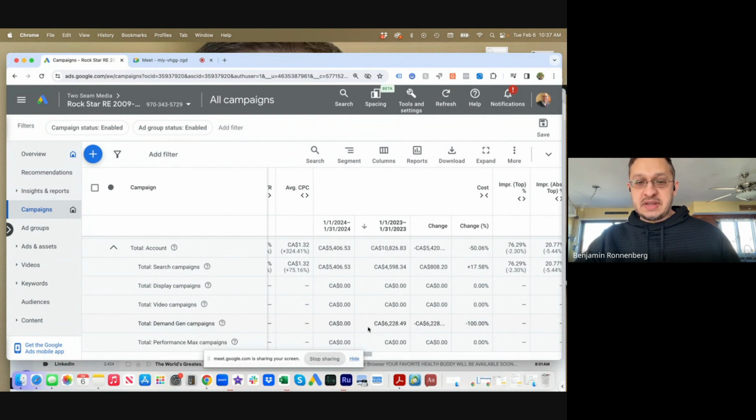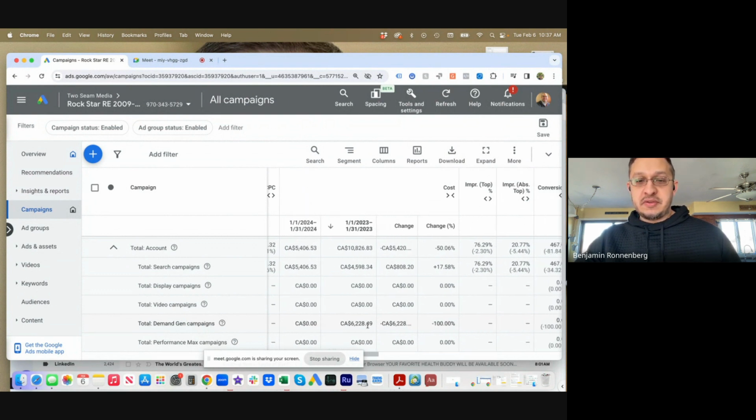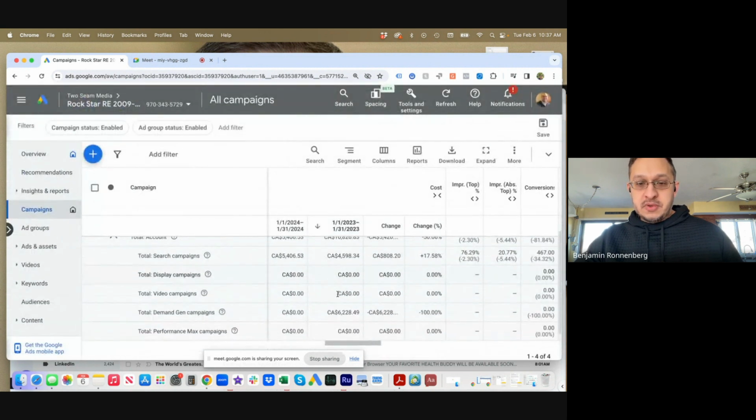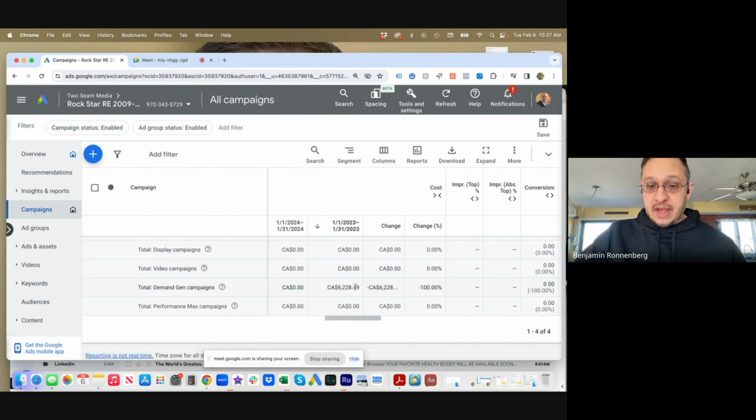I would say this was discovery in 23. We spent 6,200 on demand gen campaigns, and again, I believe they're just talking about discovery. So yeah, a huge reduction in spending there.